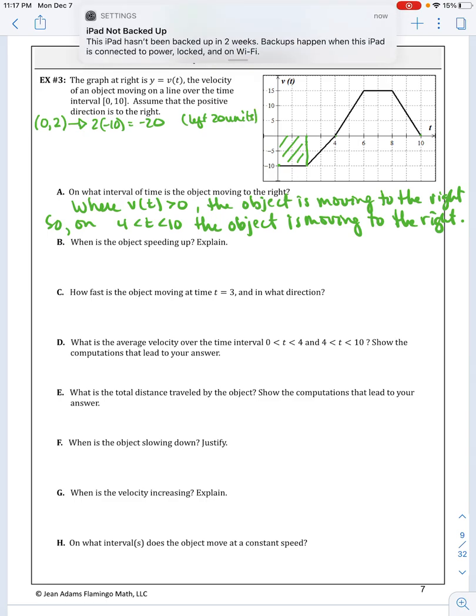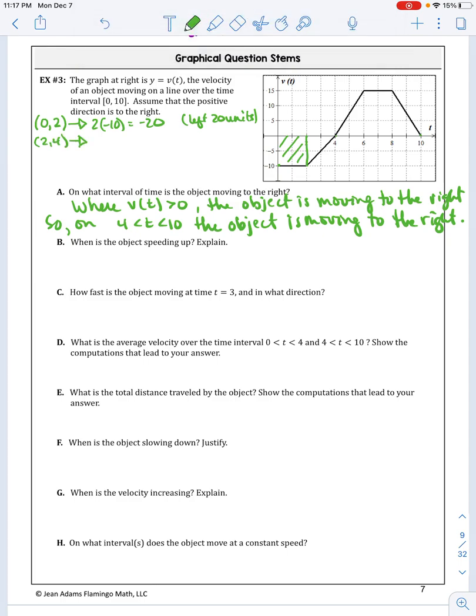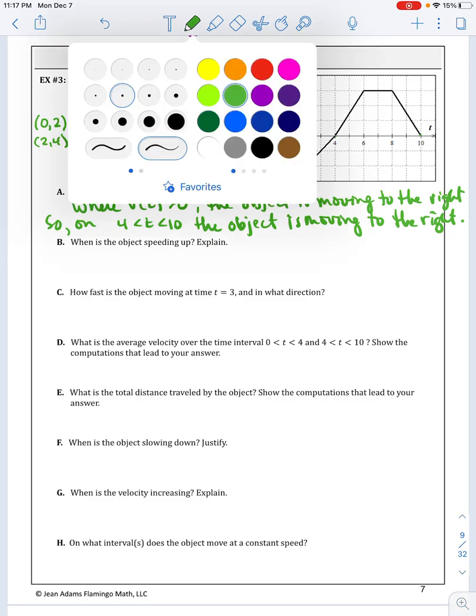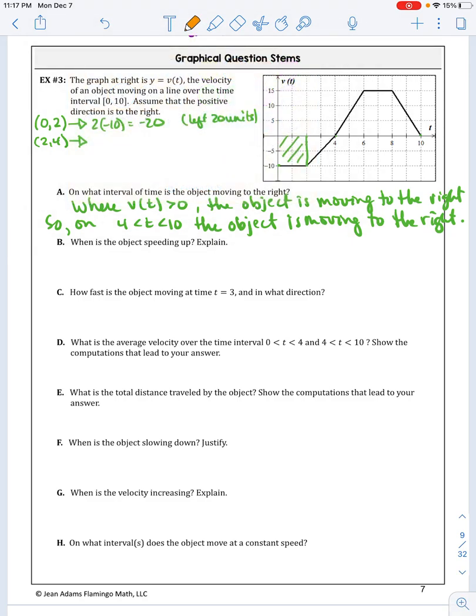And then from 2 to 4, I'll do a different color, maybe orange, we have a triangle. For that one, it's 1/2 base times height. My base is 2. My height is, I'm going to say negative 10, because it's below the x-axis, somehow you have to do negative. You could just say positive 10 and then put a negative on it because it's below the x-axis. But this is going to be negative 10. So another 10 units left.